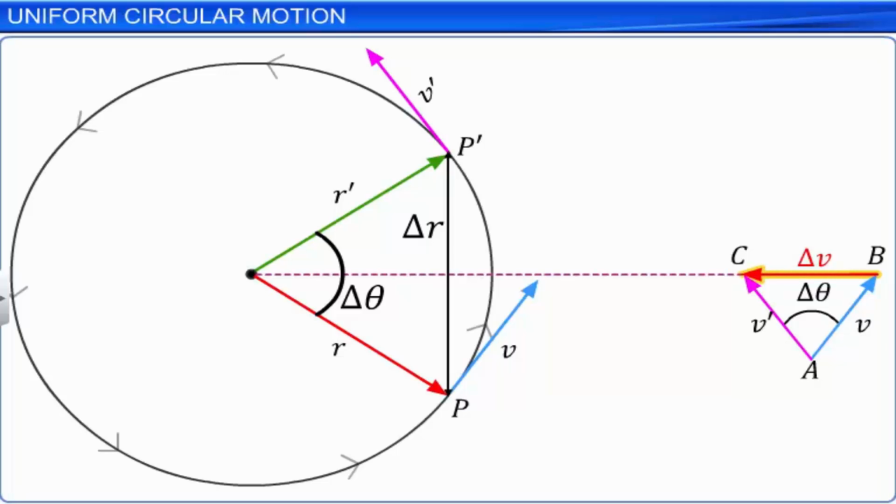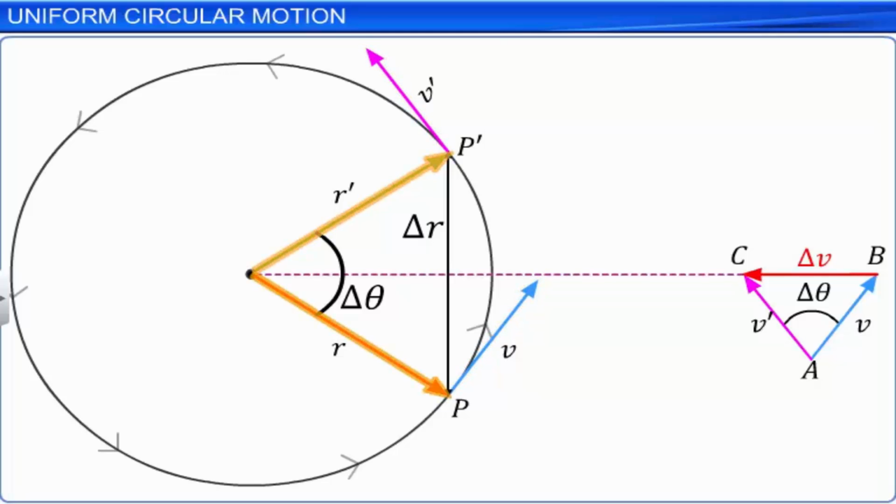V and R, as well as V' and R' are perpendicular to each other, as V and V' are tangential to the circle, and R and R' are the radii of the circle.